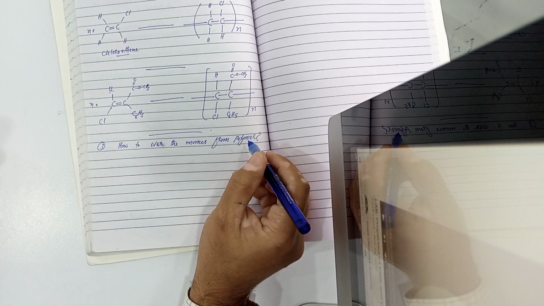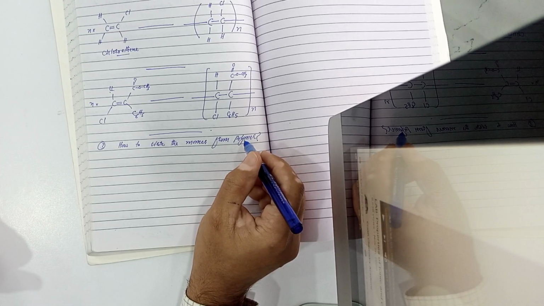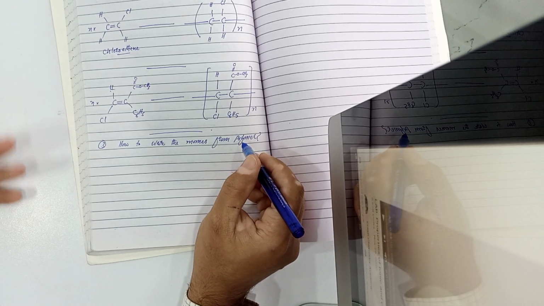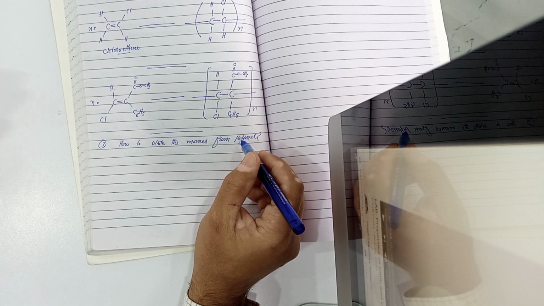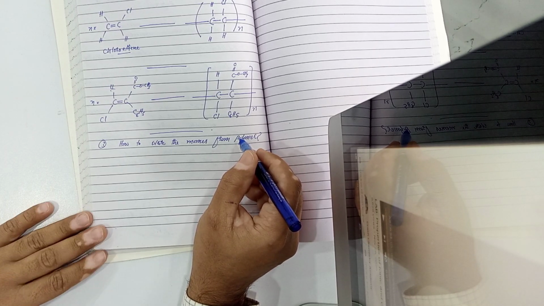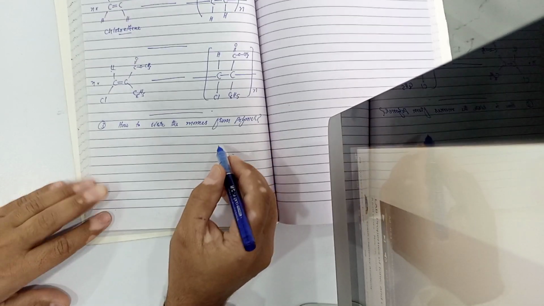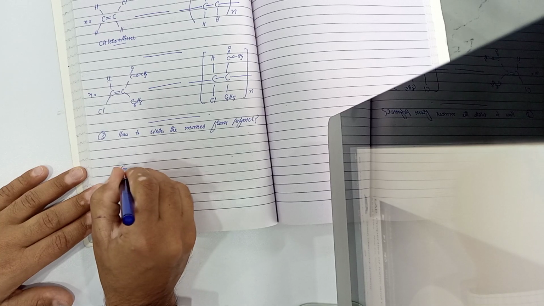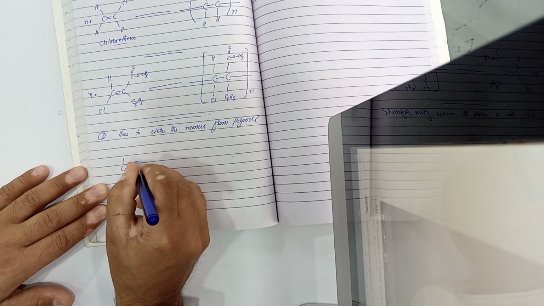First of all, your target is to identify what type of polymer it is. Once you get that, you can easily convert it into the monomer, from which it is made, or from which molecule it is formed. For example, I'm giving you an example of a polymer like this.